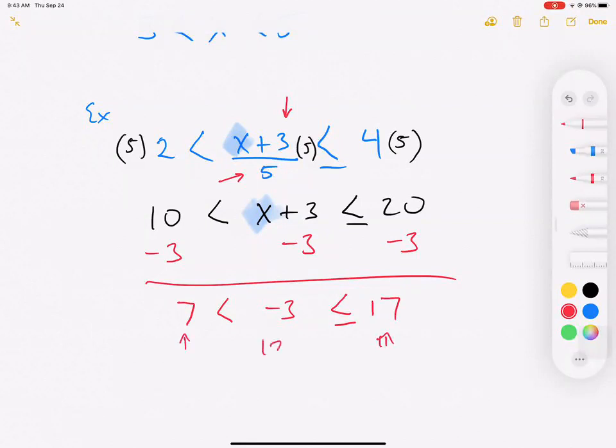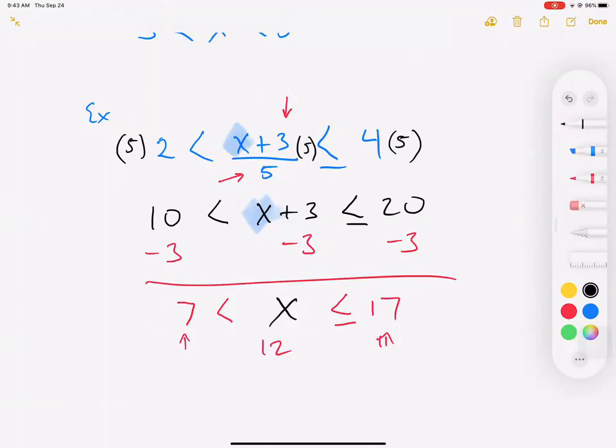Is 12 between 7 and 17? Oh darn it, why did I write negative 3 there? Sorry about this. It's not negative 3, that's just x, that's all that's left over. So x has to be a number between 7 and 17.